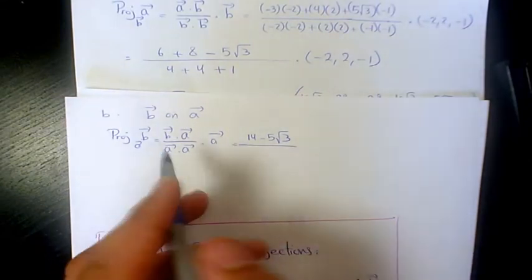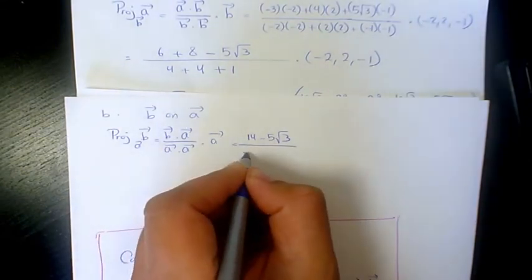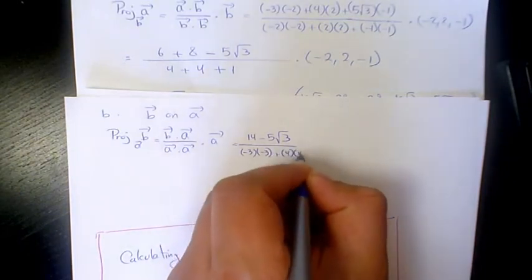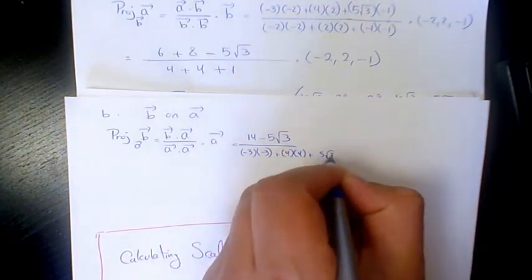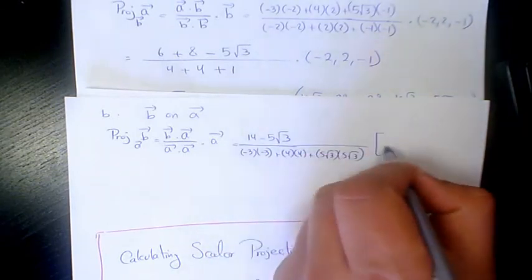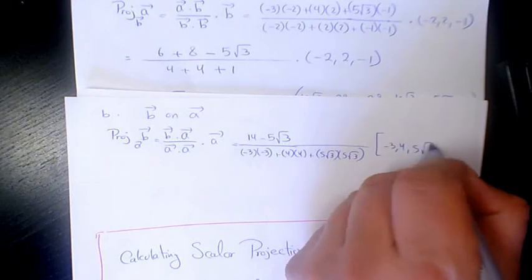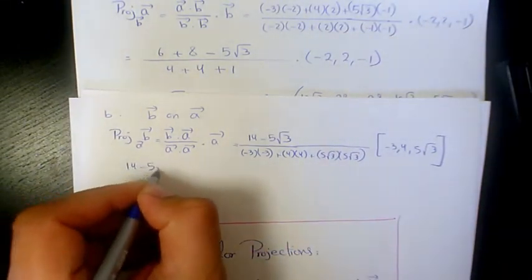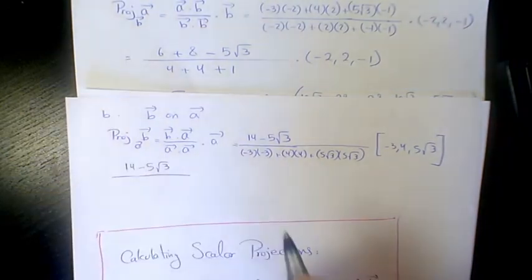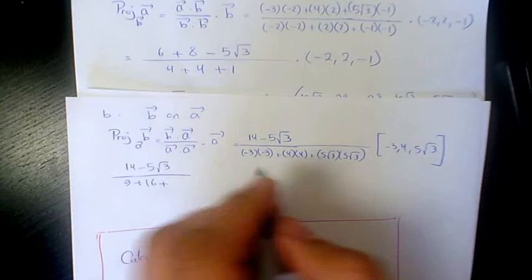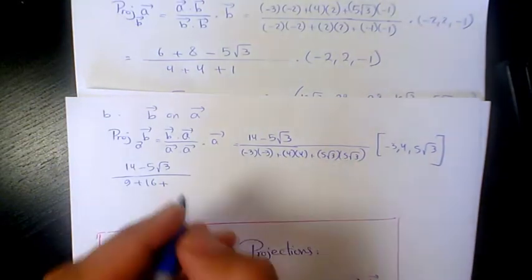A dot A is going to be negative 3 times negative 3 plus 4 times 4 plus 5 root 3 times 5 root 3, times negative 3, 4, and 5 root 3. So we have 14 minus 5 root 3 over 9 plus 16 plus 25 times 3, which is 75.